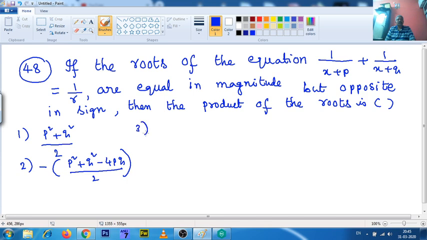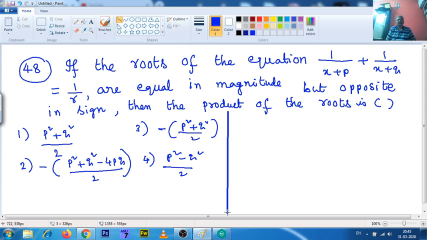Third option, minus of (p square plus q square) by 2, and fourth option we have (p square minus q square) by 2. Already you might have expected the answer. Third one is the option, I think so. Let us see. What do we get?